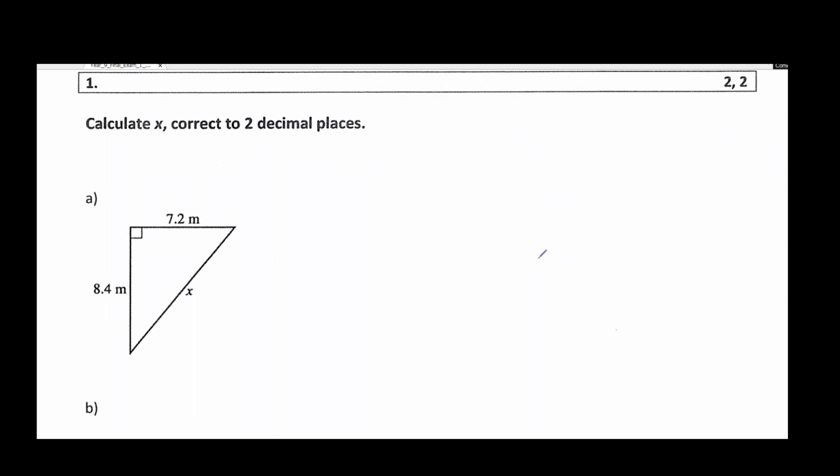Next question. Calculate x to 2 decimal places. So Pythagoras theorem. X squared is the long side. That's going to equal 8.4 squared plus 7.2 squared. X squared is going to be 8.4 squared, which is 70.56, plus 7.2 squared, which is 51.84.